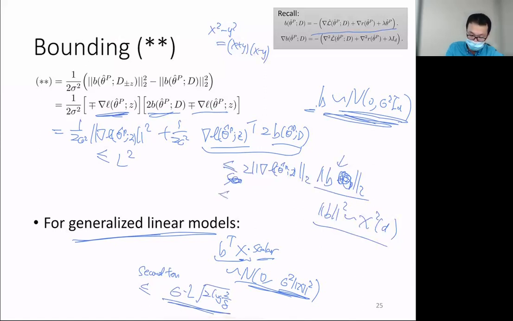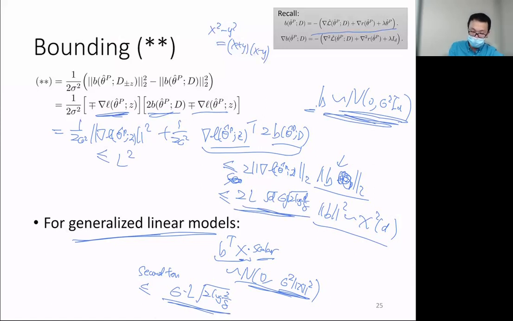So this becomes 2L multiplied with the square root of D sigma square root of 2 log of D over delta. So this is the bound that you get for the general problem.